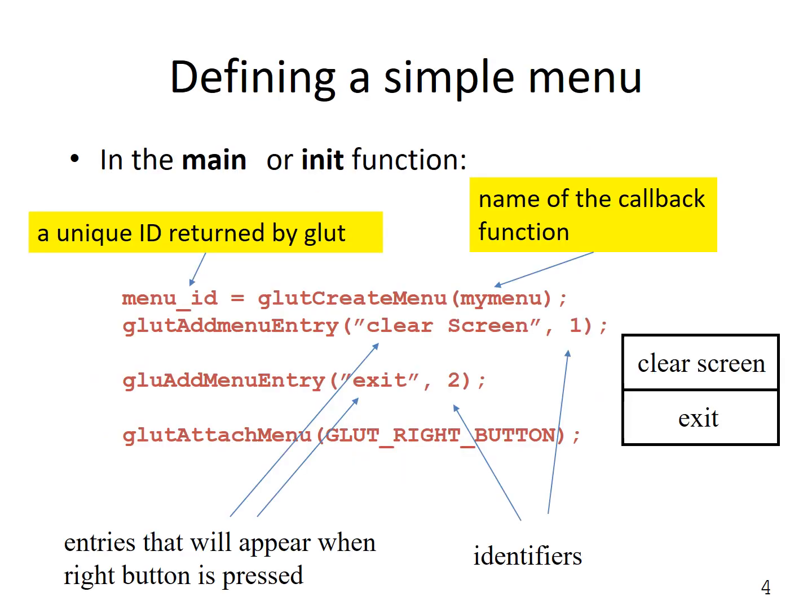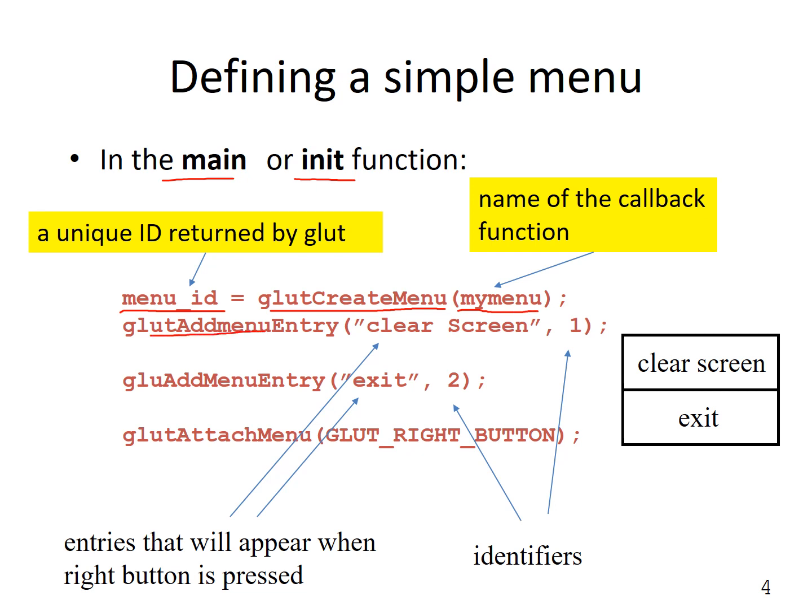Let us look at an example of setting up a simple menu. In the main or the init function, we define a menu ID returned by glutCreateMenu, and we call it myMenu.